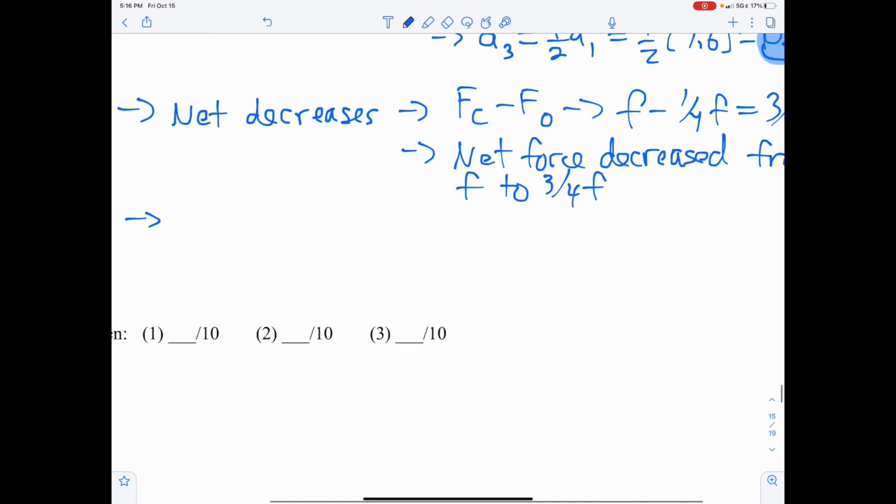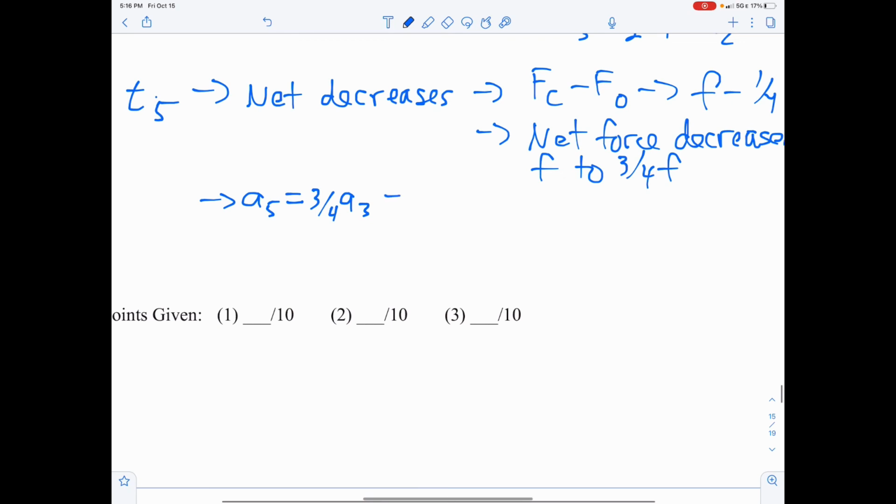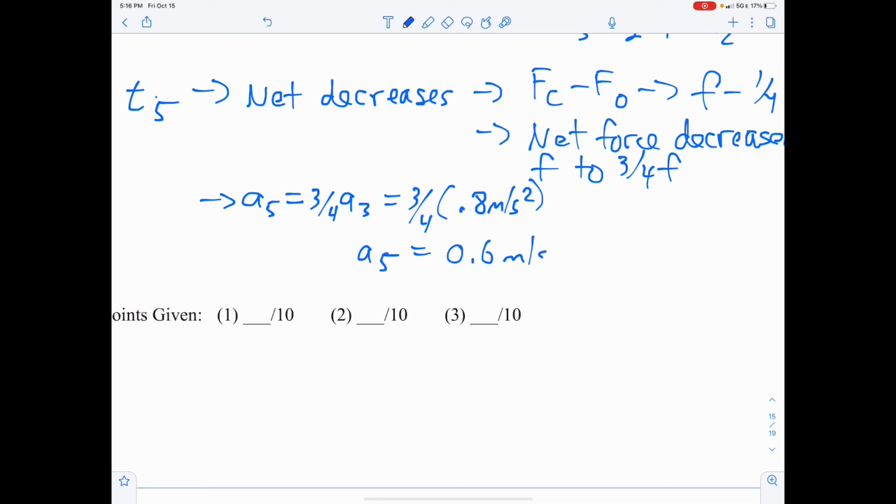So this means the acceleration at 5 is 3/4 of the acceleration at 3, the time right before it, which is 3/4 of 0.8 meters per second squared, which means A5 would be 0.6 meters per second squared.